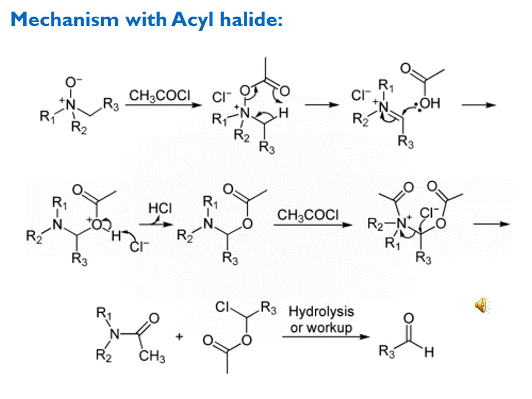Then after the removal of HCl from that product we shall get the aldehyde functionality. So along with the amide, after the hydrolysis of this moiety we shall get the aldehyde, and the byproducts will be acetic acid and HCl. So this is the overall mechanism with respect to acyl halides.